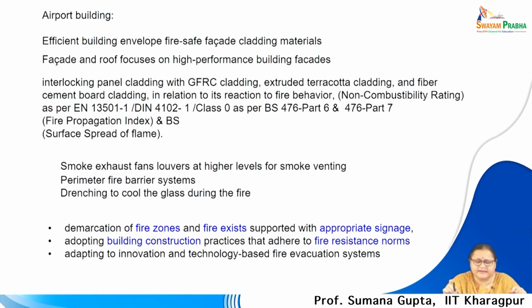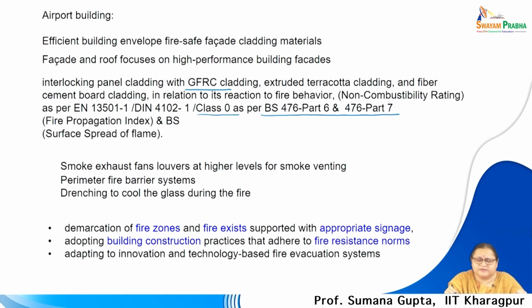Interlocking panel cladding with GFRC, that is glass fiber reinforced concrete, extruded terracotta cladding, fiber cement board cladding in relation to the reaction to fire behavior, that is its non-combustibility rating, should be provided. These are also mandated in class 0 and class 1 in BS 476 part 6 and part 7.